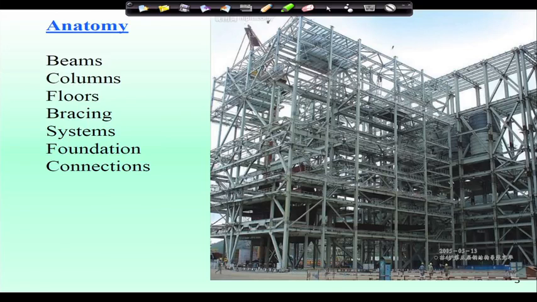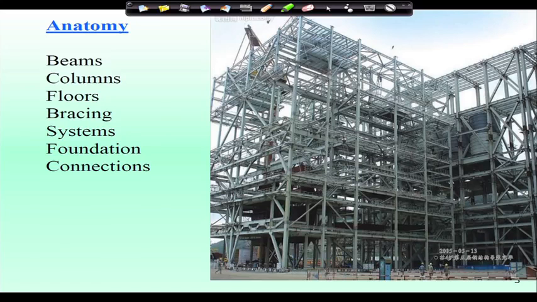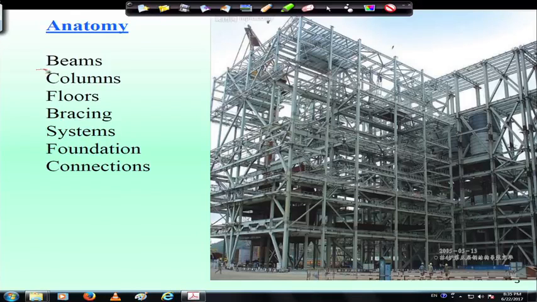Now, coming to the anatomy of the structure, we will see that any steel structure has these types of members. One is the beam. A beam is basically a flexural member, where flexural actions come into the picture, so we need to know the design of a flexural member. Then comes the column.